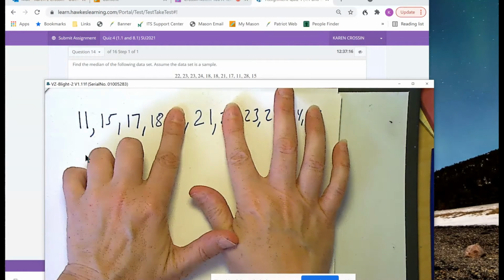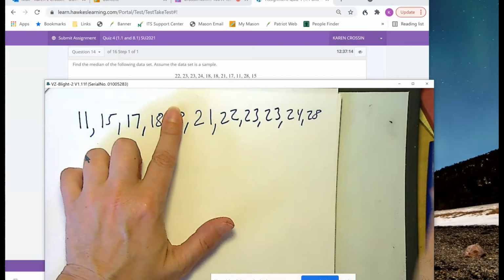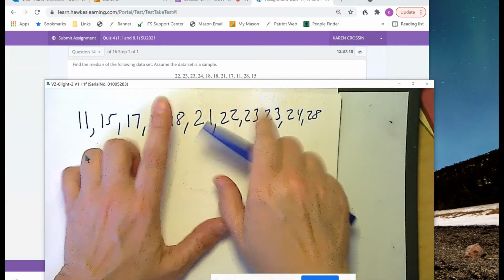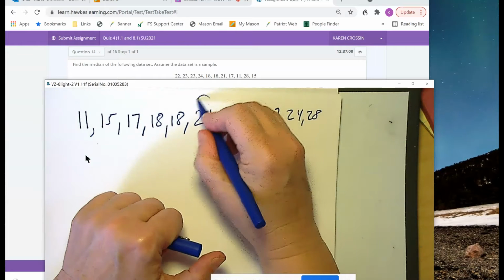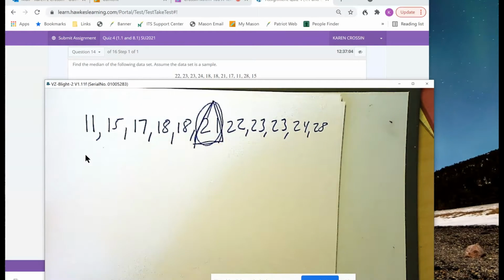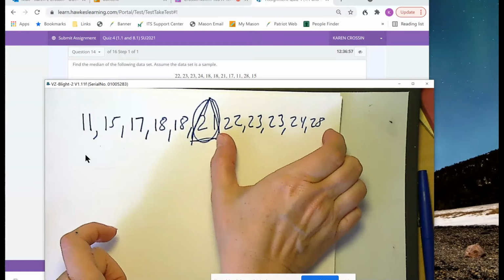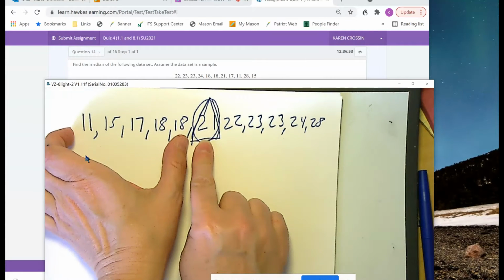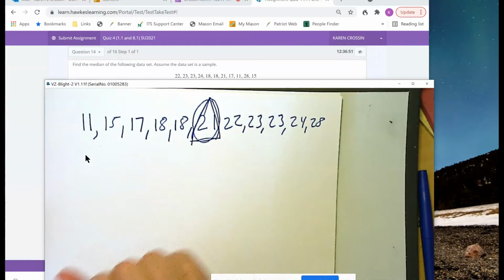We make sure we do it at the same time, and then right here is the median. It's the one in the middle. When there is a number in the middle, there's just as many up here. It's 11, so there's 5 up here, 5 down here, and that one in the middle. Does that kind of make sense?